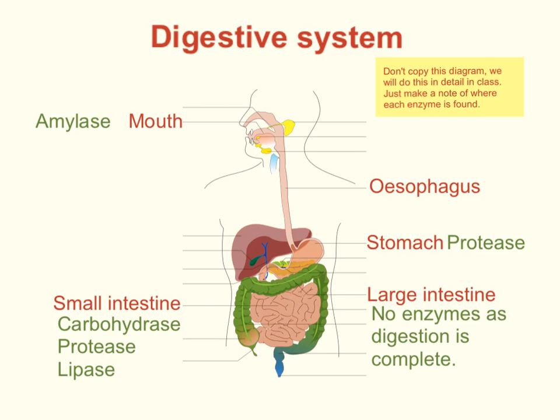And the waste molecules, stuff that we can't use, plus all the fibre, is going to then continue through the large intestine, into the rectum, and out through the anus. The only thing that happens in the large intestine is that all the extra water that has been added and that you've drunk is going to be removed and put back into your bloodstream again.